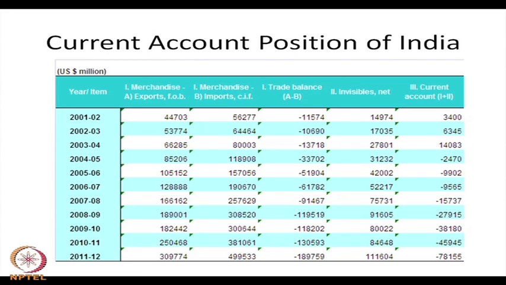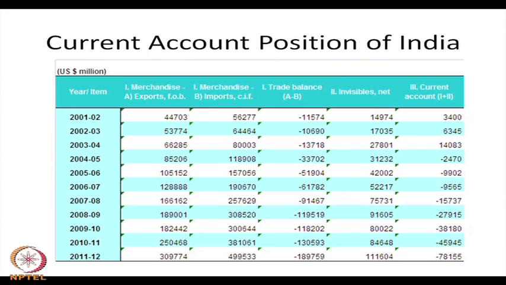If you see the last 10 years, export has increased significantly, and at the same time import has also increased significantly. There is not a single year where our export is more than our import. Similarly, our invisibles, though increasing over the years, are not in a position to control the current account deficit.